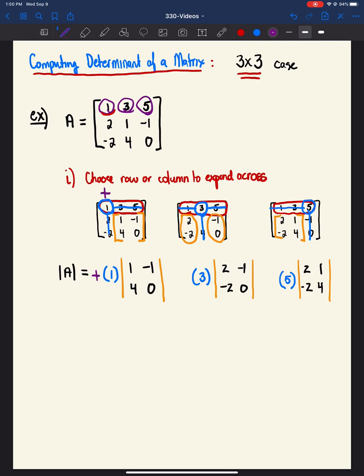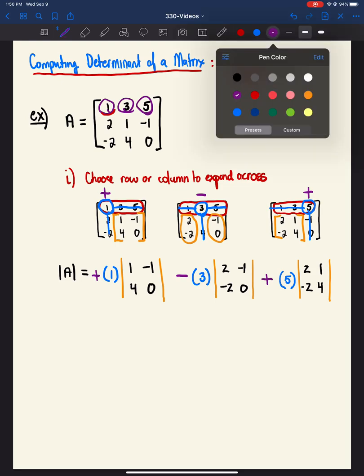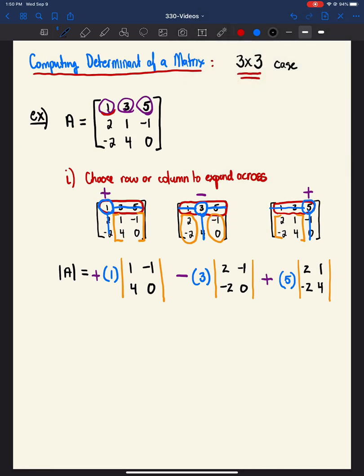When we're expanding across an even row or even column, we use a minus sign. So in this last case, we're in the third column. We use a plus sign because it's an odd number. So that's how we determine the plus or minus in front of those 3 sequential products of a number and the determinant of the 2 by 2s.